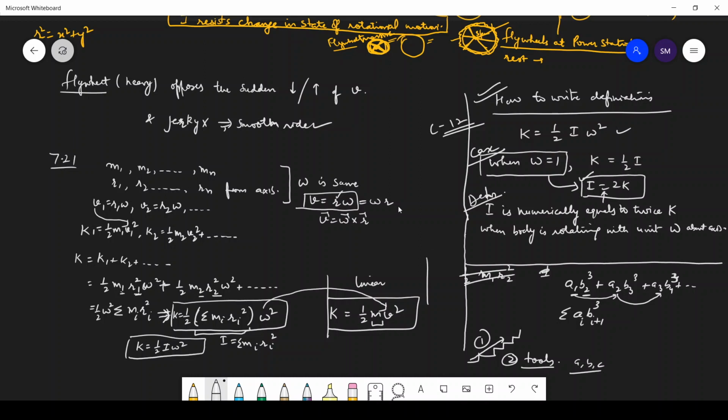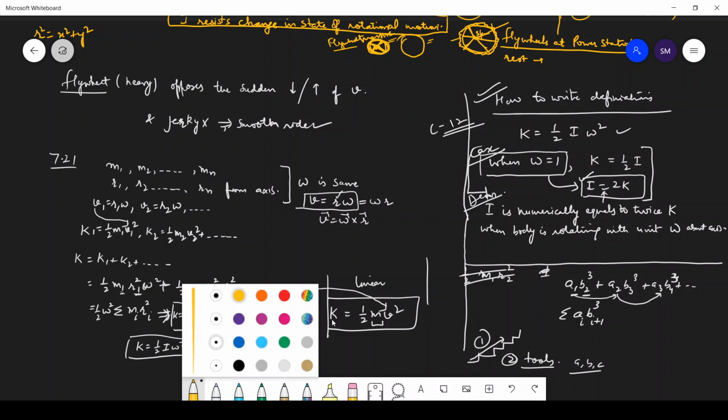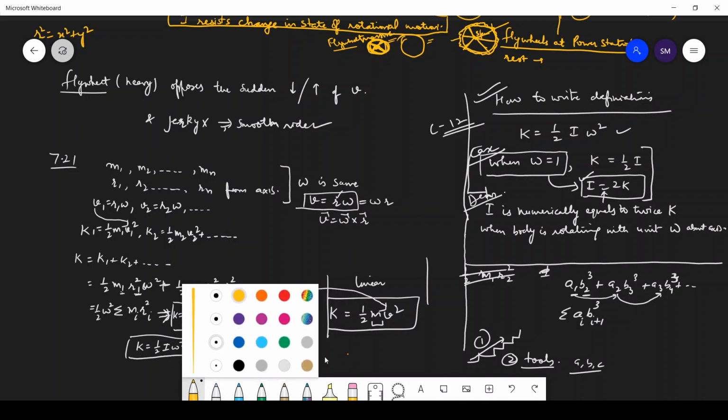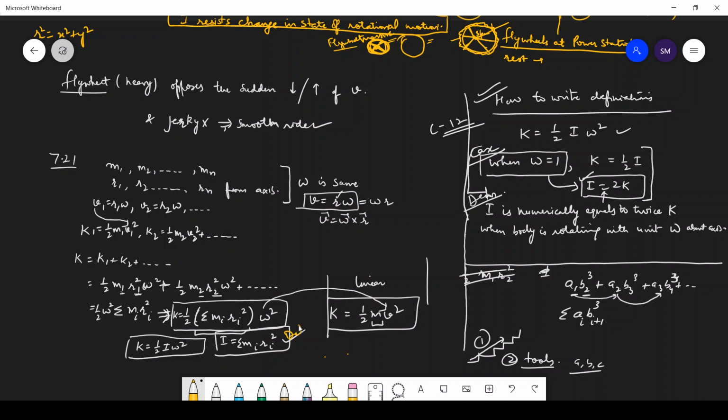So one definition we did earlier, this was definition 1. This is second definition. So numerically equals, this is the thing that is written over here.